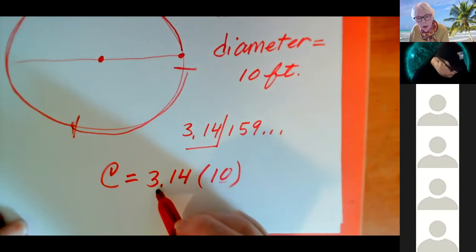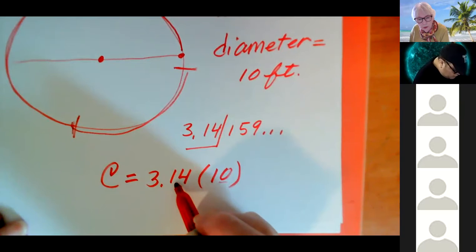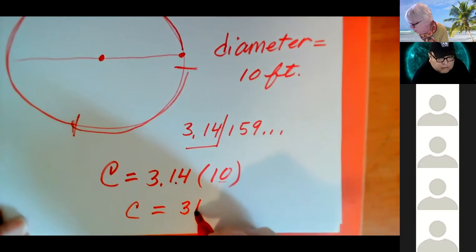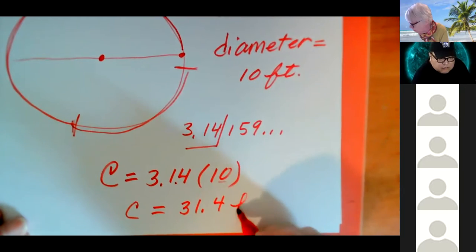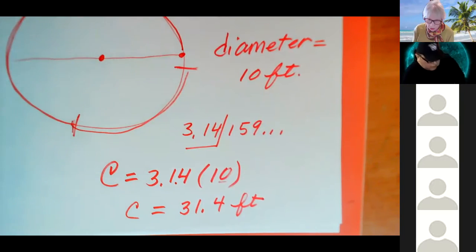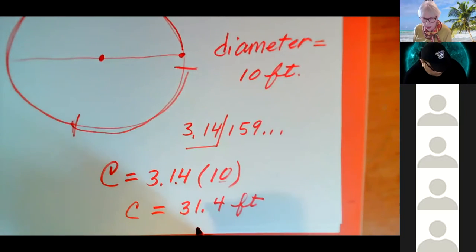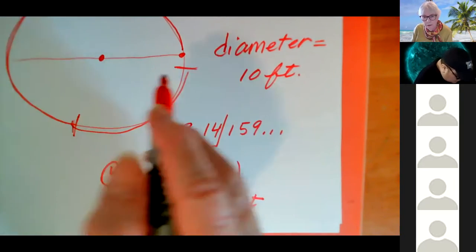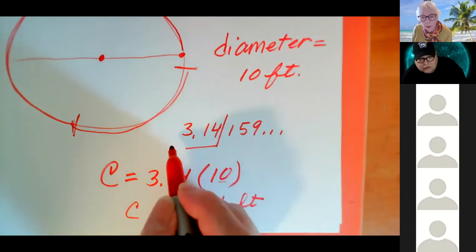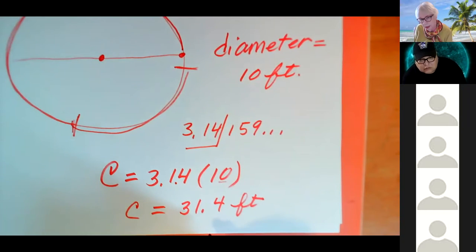And so this is why I picked this problem, by the way. So I move it over 1. And so the circumference would be 31.4, and that would be in feet, because the original was in feet. Okay. So of course, to make the trip, if this was a correct number, I would round that up a little bit, but with 3.14, this is my exact answer. Does this make sense?